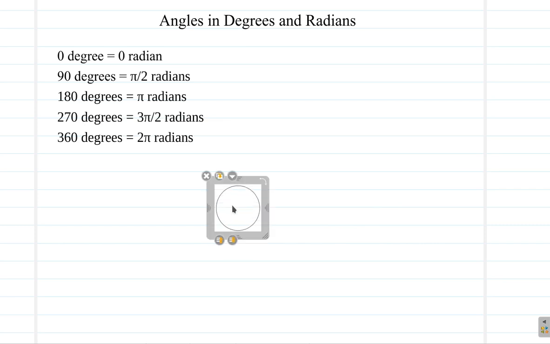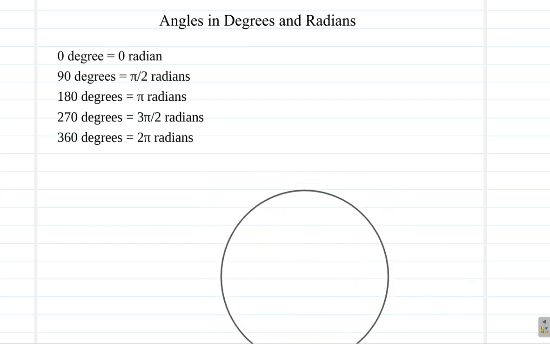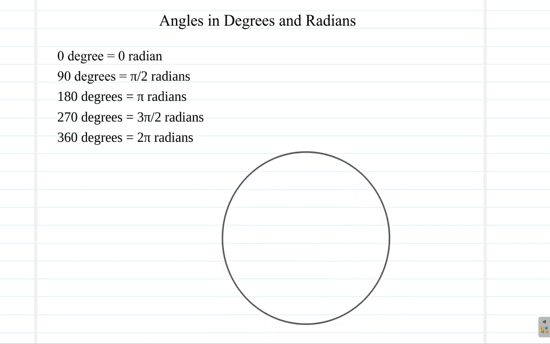Let's make our circle. We have a circle here. Now remember, you have the radius of the circle, from the center to any point on the circumference is the radius. Alright.